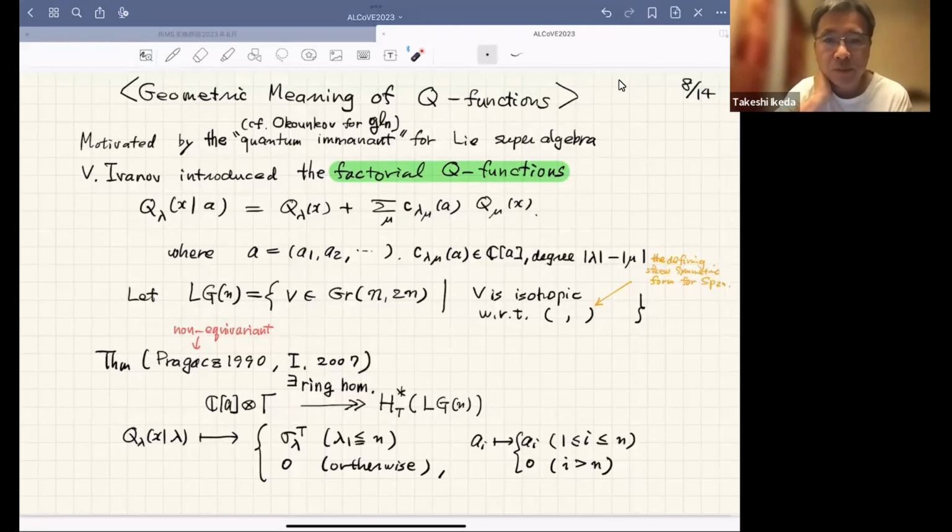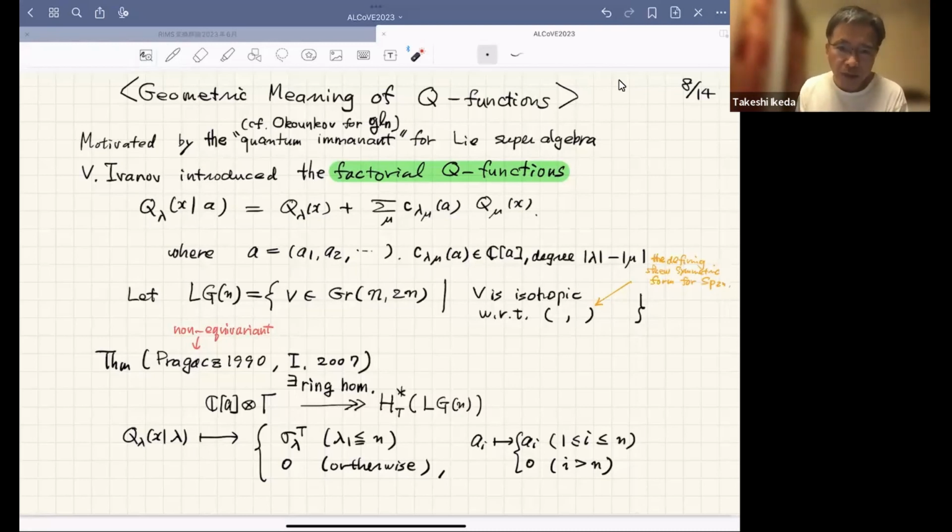So here the coefficients are polynomials in our A variables. I use A to denote the infinitely many variables indexed by positive integers. So this is a kind of homogeneous element.